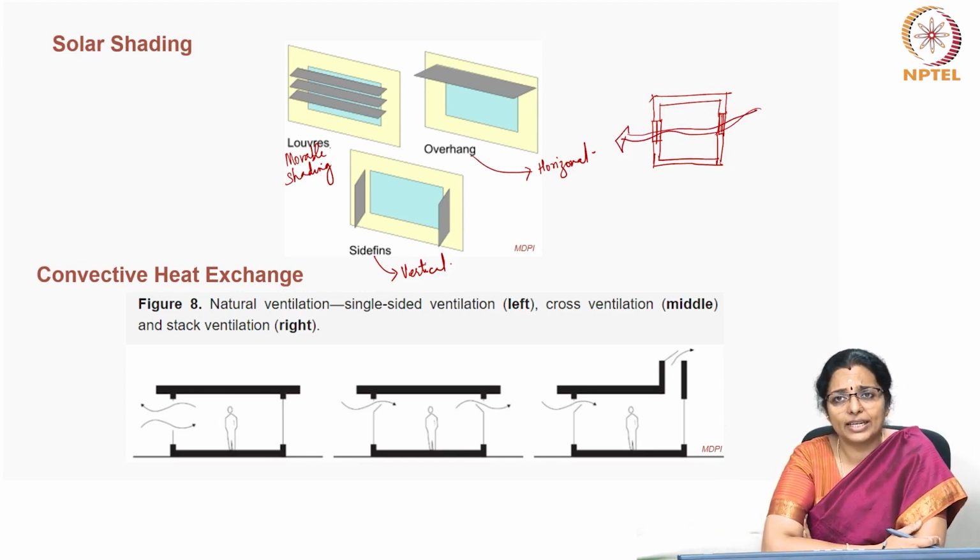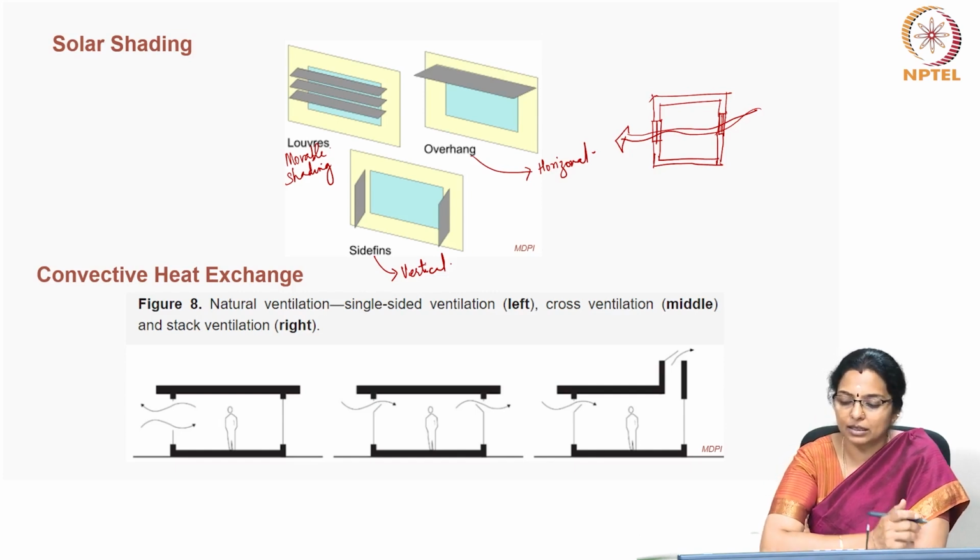You have stack ventilation, which utilizes the principle of warm air rising and cool air sinking. Why? Because warm air is lighter and cool air is heavier, and this creates a natural airflow, often with openings at high and low points to facilitate circulation.